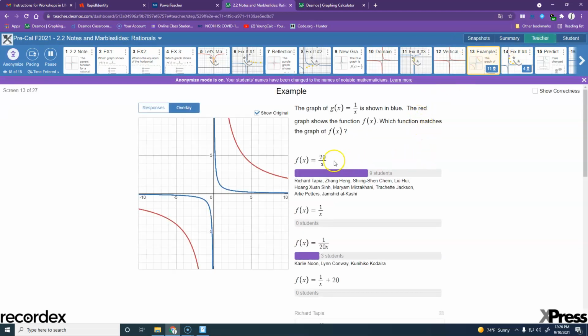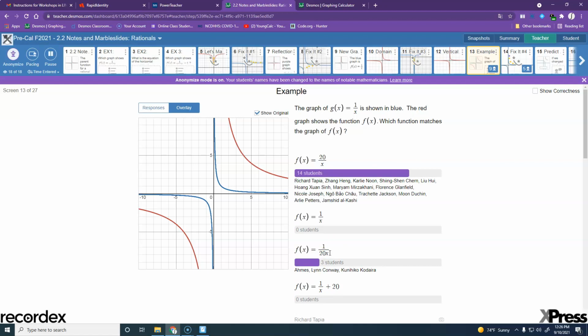All right, most people chose the 20 over x. I also have some people that chose 1 over 20x. So if we put 20 in the top, that is going to be a vertical expansion. So it's stretching it out this way.